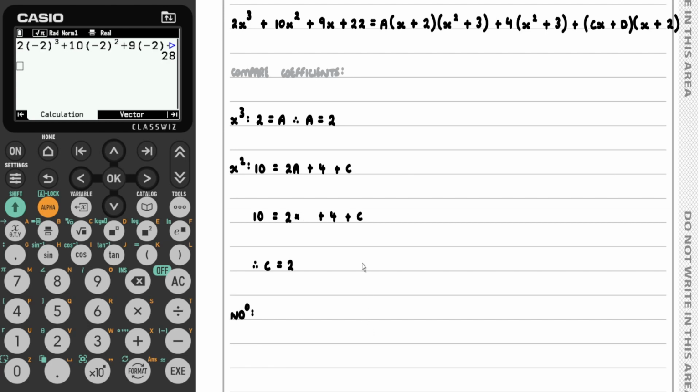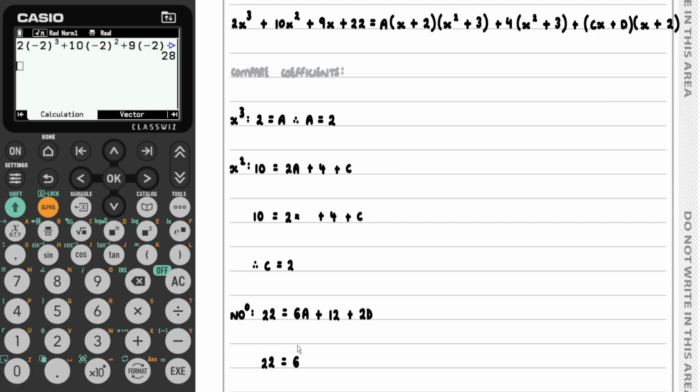If we take a look at the numbers, on the left hand side we have 22, and on the right hand side we would have a times 2 times by 3, in other words 6a, and then we have 4 times by 3, which is 12, and then we have d multiplied by 2, in other words 2d. We know what a is, that's 2.